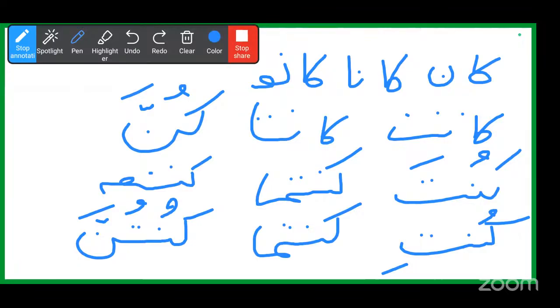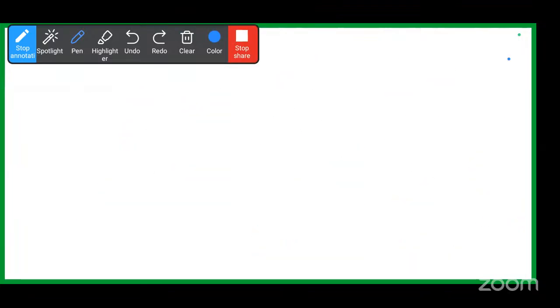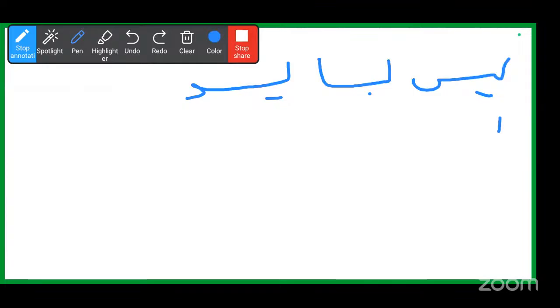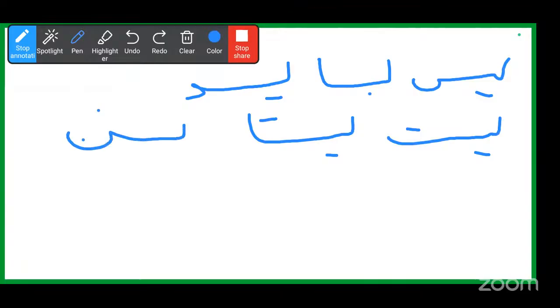Same goes for laisa. You want a screenshot? You don't want a screenshot, right? It's easy. Laisa, laisu, laisat, laisata, lasna.